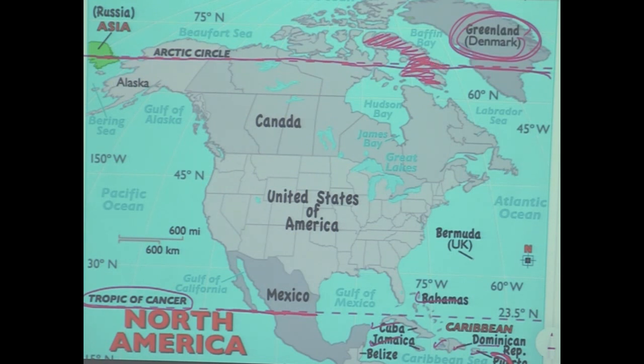I mentioned earlier that Greenland is the largest island of the world, and Baffin Island is the fourth largest island of the world. So Alaska, part of the United States of America, Canada, the independent country, and Greenland, which is politically part of Denmark, involve the Arctic Circle traversing.